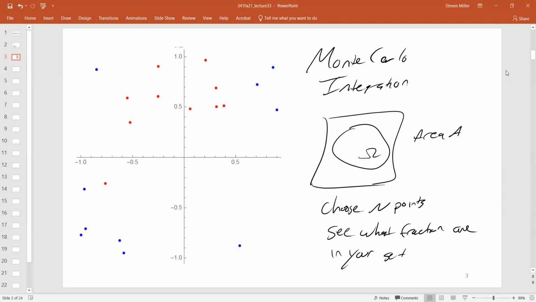Basically, the fraction that is in your set times the area of A should be an estimate for the area. So the area of omega should be approximately the number of n in omega divided by n, times the area of A.